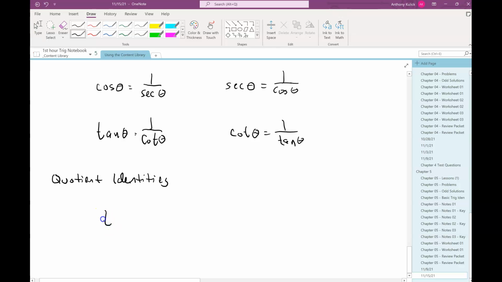So really, we can say that tangent theta is equal to sine theta over cosine theta. Is everybody okay with that? If tangent is y over x, and sine is y, and x is cosine, then tangent is sine over cosine.